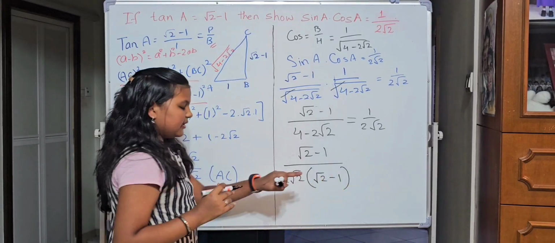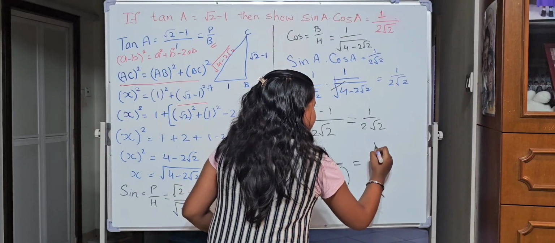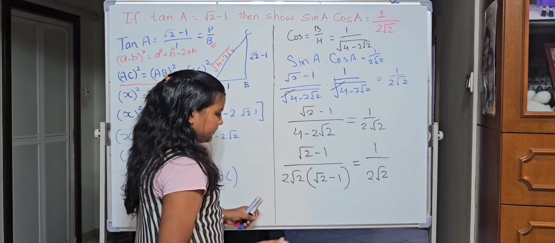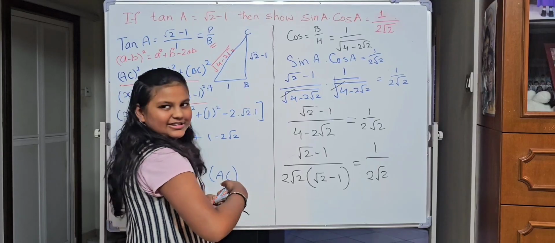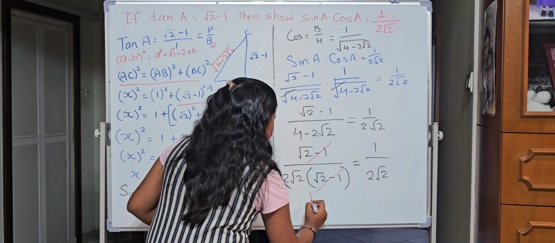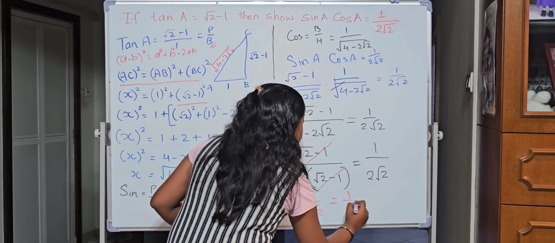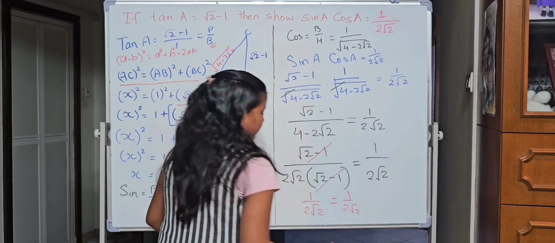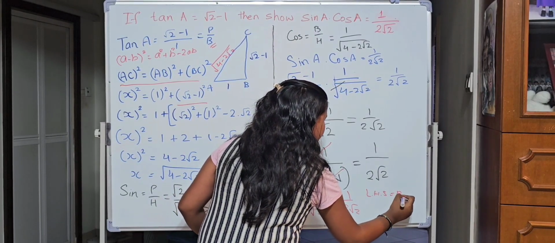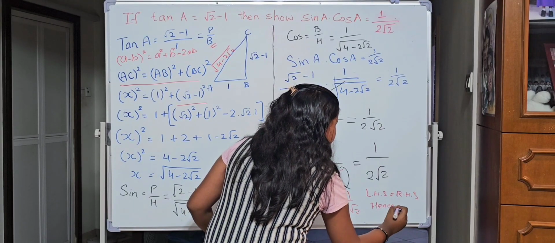This is what we'll get when we take common, and of course the right hand side. Correct? Now, what happens? This one gets cut off, this one gets cut off. So we are left with 1 by 2 root 2 equals 1 by 2 root 2. So LHS equals RHS. Hence proved.